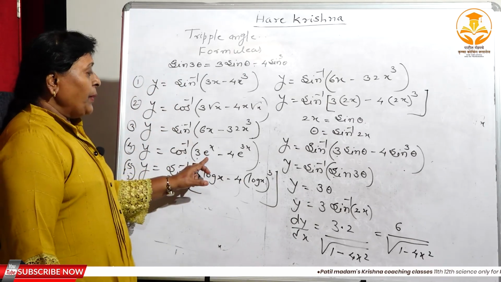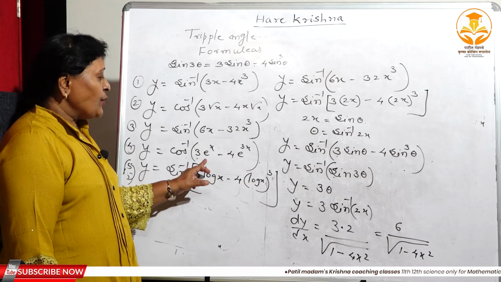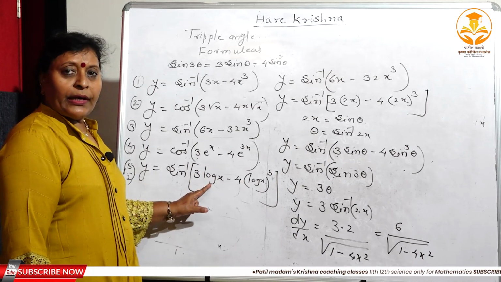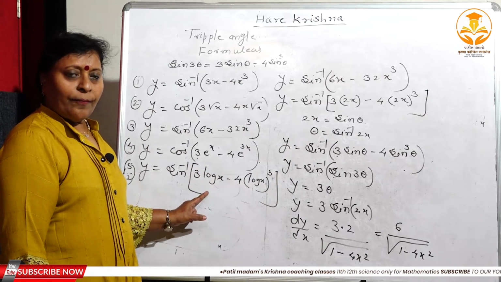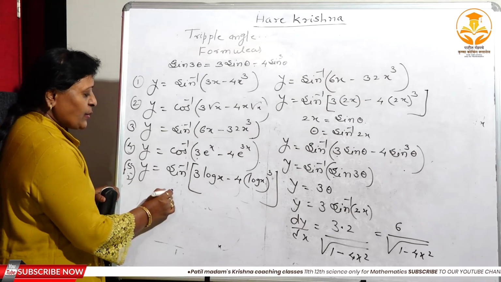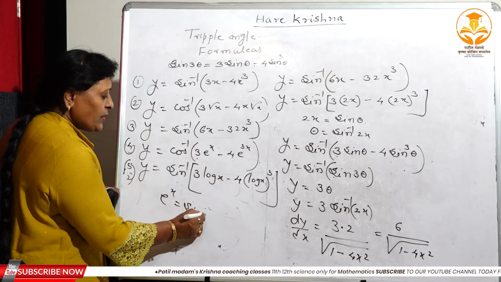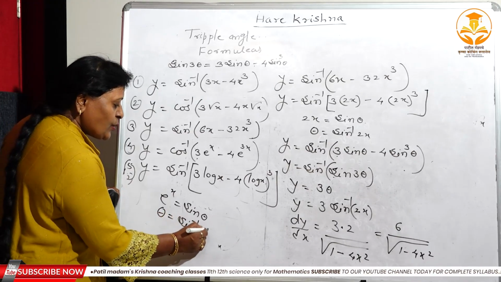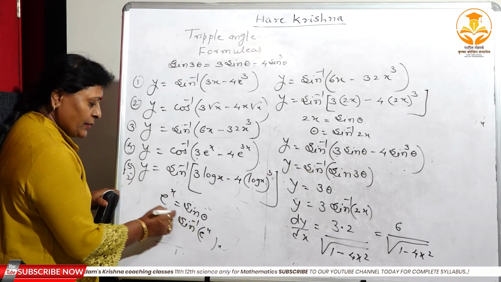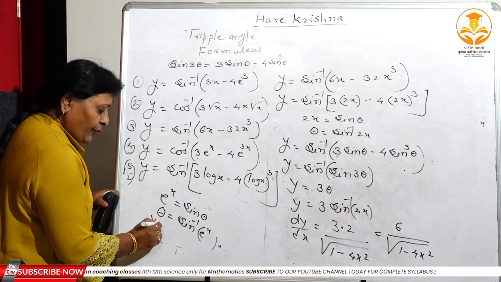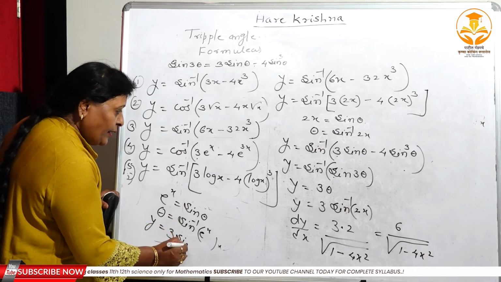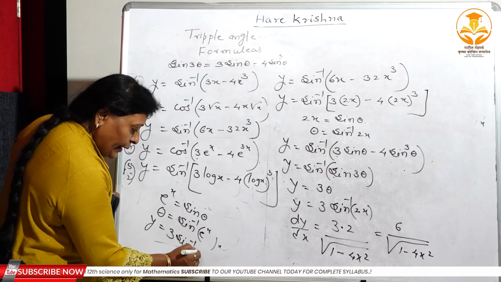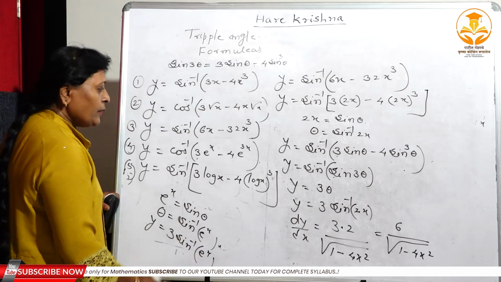Now here, in place of e raised to x, you can substitute sine theta, and in place of log x, you can substitute sine theta. When you substitute e raised to x is equal to sine theta, what remains? Theta is equal to sine inverse of e raised to x. Now the direct result is, here you have 3 theta, therefore y is equal to 3 sine inverse of e raised to x, isn't it?